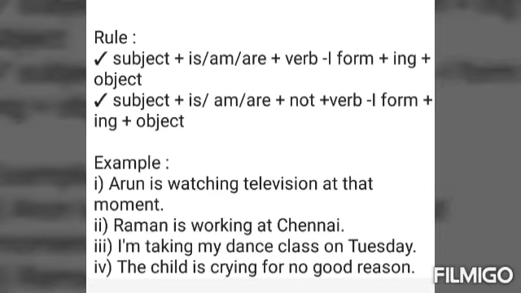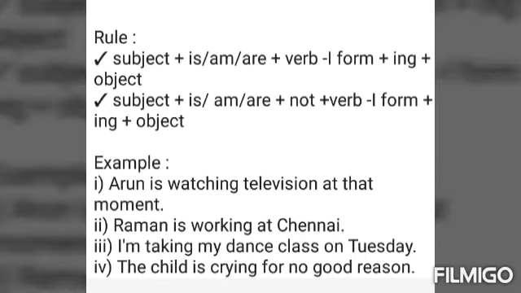And when it comes to the helping verb, we will use is with third singular person, that is he, she, it. With first singular person I, we will use am, and with first plural, second person and third plural person we will use are. Means with we, you, they, we are going to use are. These are the rules for your present continuous tense.